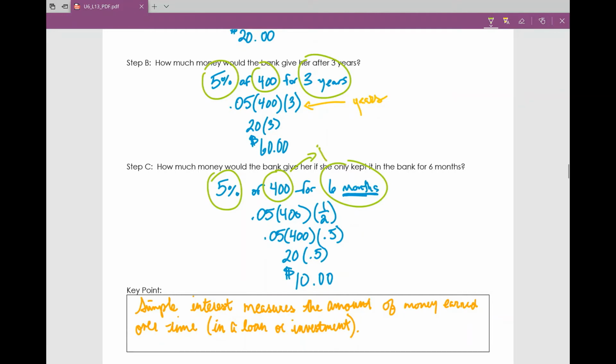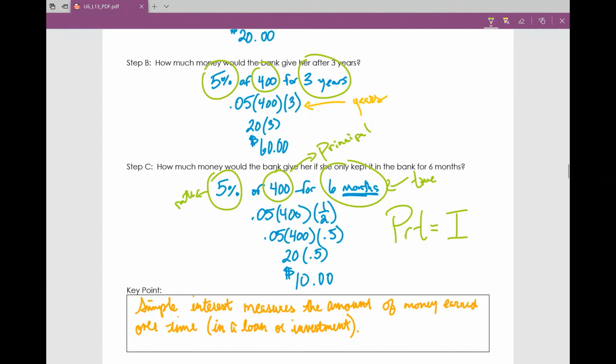In this case, it's called the principal. So we're doing our principal, let's name it P, times our rate, our percentage, times our time. And if we do our principal times our rate times our time, we will get our interest.